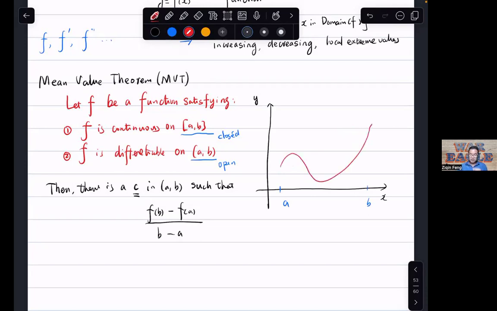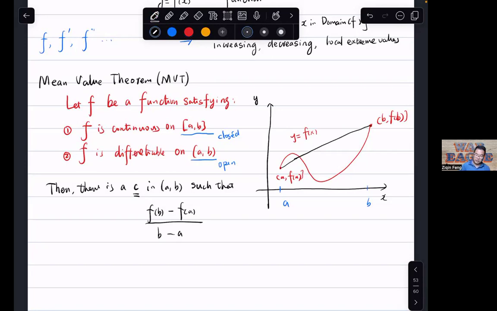So that's a function which is y equal to f of x. So this is b, f of b, and this is a, f of a. So f of b minus f of a over b minus a is basically the slope of this secant line, right? So you have such a slope.